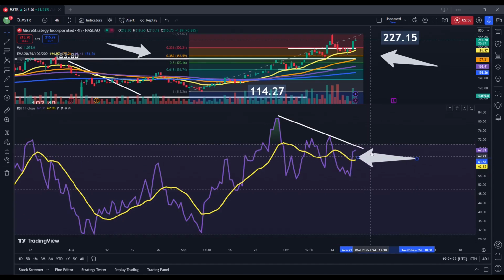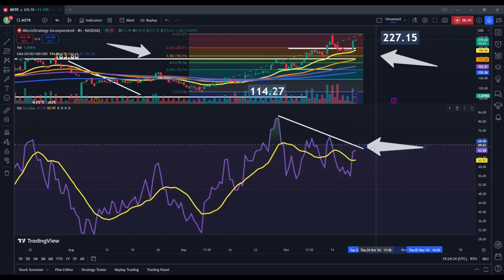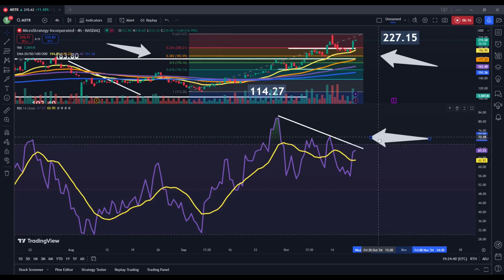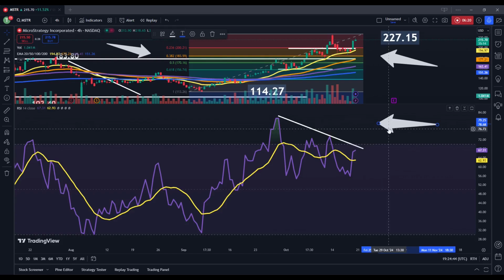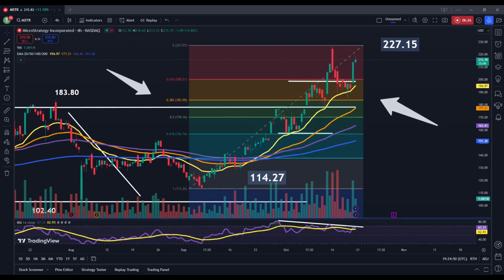So, if share prices do continue to move higher, and they can because we're not in overbought territory right here, the relative strength index reading is right around 67.5, which is close to overbought territory, but we're not quite there yet. And you could break through this downtrend line without even becoming overbought quite yet. It would be close, but you could still break through here without even becoming overbought.